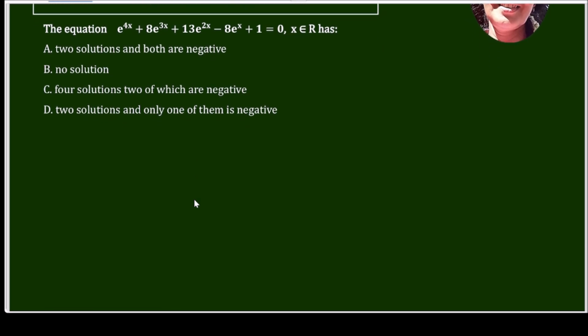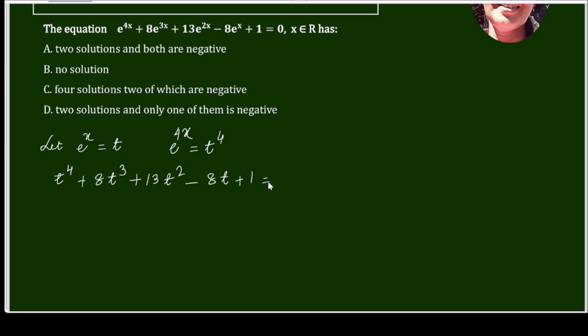So here we can take e^x as t. Let e^x be t, or any variable, then the equation reduces to t^4, because e^(4x) equals t^4, plus 8t^3 plus 13t^2 minus 8t plus 1 is 0.